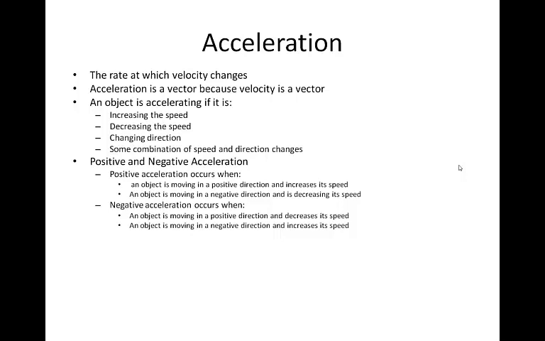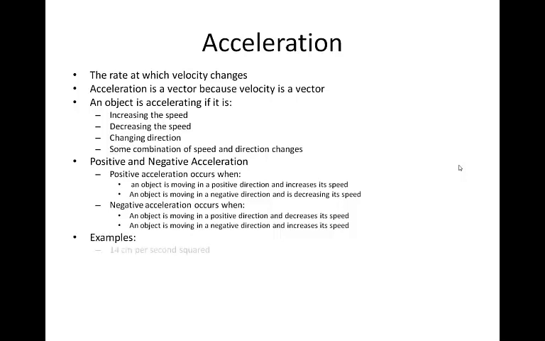So it's getting closer to zero. Or you've got an object moving in a positive direction and it's slowing down. So in either case, those are the only cases that you can define deceleration. Other than that, we talk about positive and negative acceleration. And in general, I would recommend that you stick to that and avoid the word deceleration.